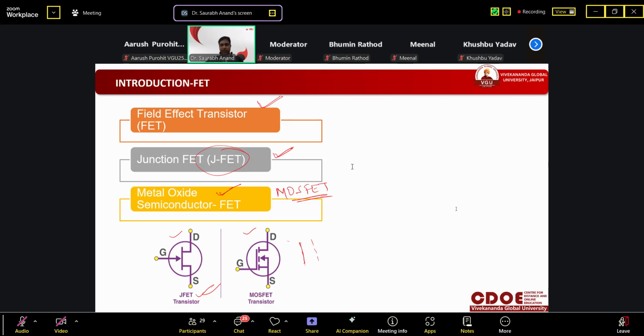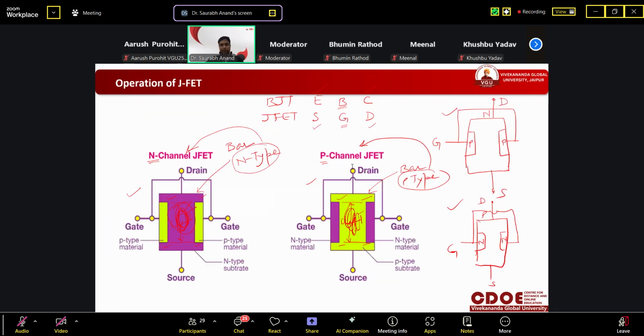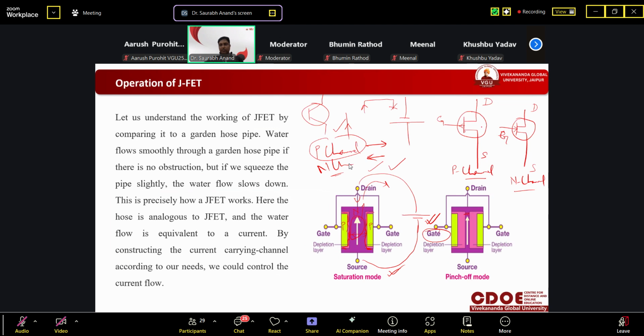Meenal. So this is N channel, right? I have just drawn it here. The arrow is inside, so it is N channel JFET.